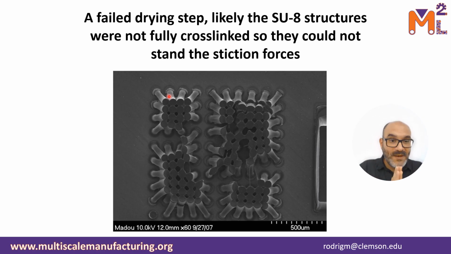And once that happens, that's a failure in most cases. Some colleagues, like Dr. Wang, have actually used this in order to create different patterns. So it all depends on the kind of structures that you're aiming for. But consider that when you're drying, you need to minimize stiction such that those features stay in place.